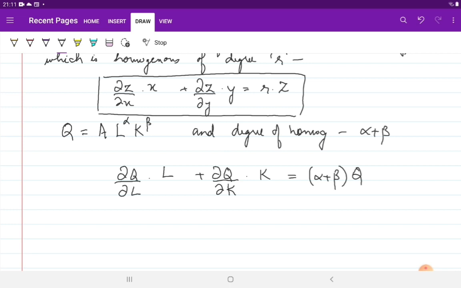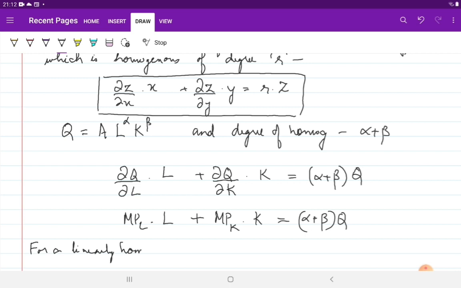Now, we know that dou Q by dou L is nothing but the marginal product of labor times labor, the number of units of labor employed, plus the marginal product of capital times the total units of capital being employed, is equal to alpha plus beta times Q. For a linearly homogeneous Cobb-Douglas function, remember, linear homogeneous function means the degree of homogeneity is equal to 1.